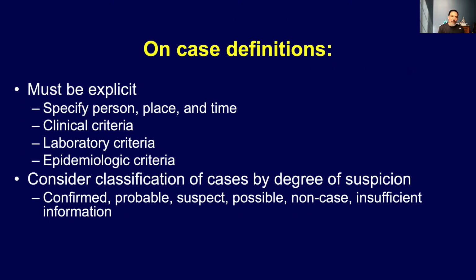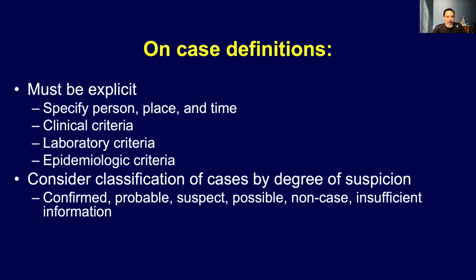And almost every surveillance system for a notifiable condition has something called a case definition. And we're going to go through a few examples of these, but it's really important that they be very explicit. This is what you're going to be asking, in the case of New York City, many thousands of healthcare providers and maybe hundreds of laboratories or laboratorians to respond to, or to follow guidelines to follow.